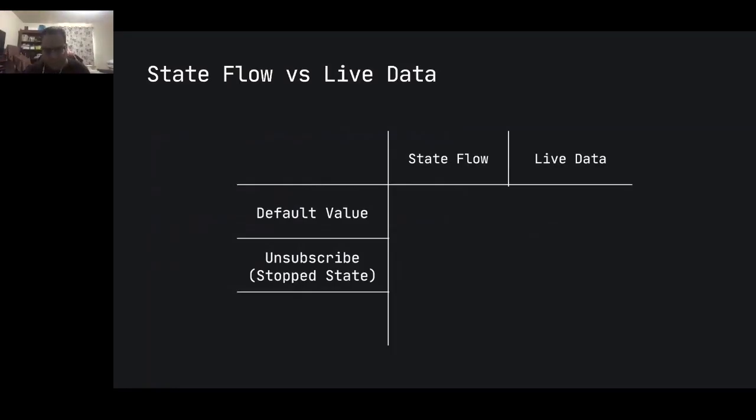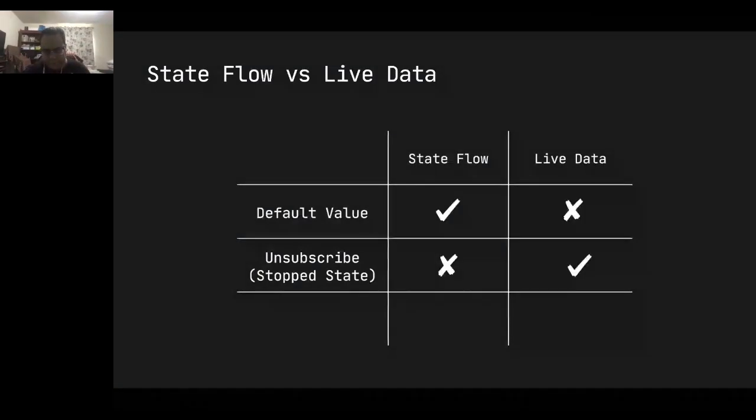There's also a difference in unsubscribing and cleaning up. Recently, an extension called repeatOnLifecycle was added that you could use, and it provides the same behavior, where it will unsubscribe from the state flow based on lifecycle changes. So those are the differences between live data and state flow.